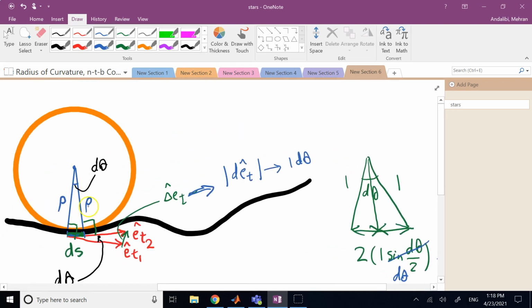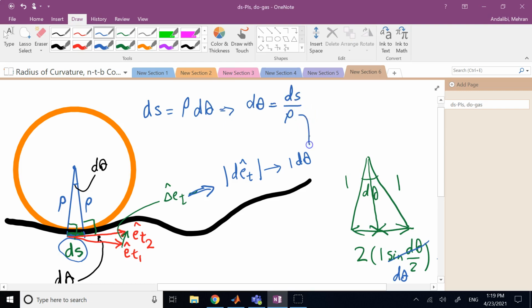Also, if you look at this other triangle that you have, here you have rho, rho, and d theta. And here you have ds. This ds, clearly based on the definition of d theta in radians, is rho d theta. So from here, clearly d theta is ds over rho.